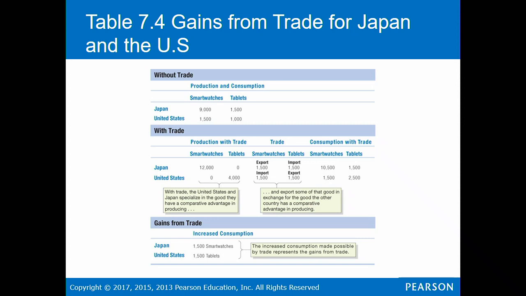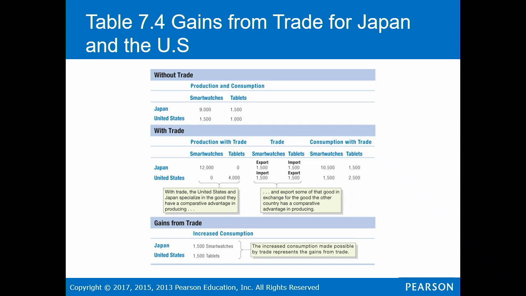They now have the same number of tablets and 1,500 more smartwatches. The US ends up with 1,500 smartwatches and 2,500 tablets. So same number of smartwatches and 1,500 more tablets. So we end up with both countries making themselves better off through this trade, through specialization and then trade.